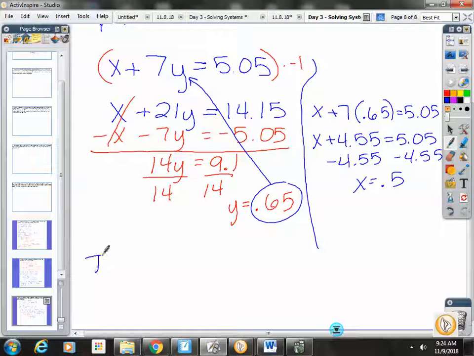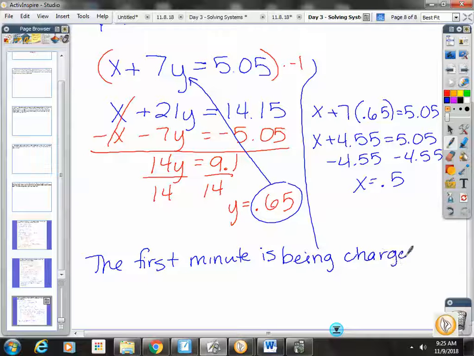The first minute is being charged at a rate of 50 cents.